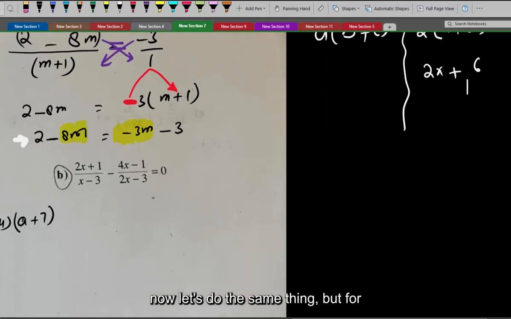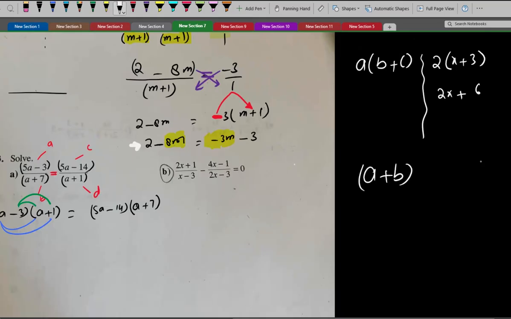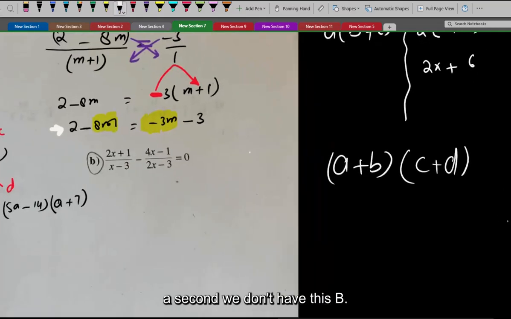So now let's do the same thing, but for two binomials. So if I have a plus b multiplied by c plus d, just assume for a second we don't have this b. So what would you do?